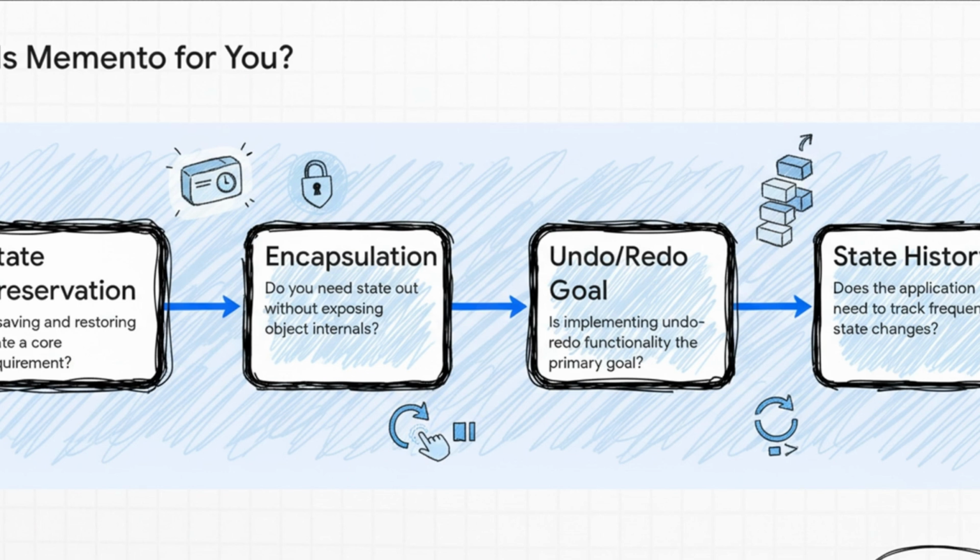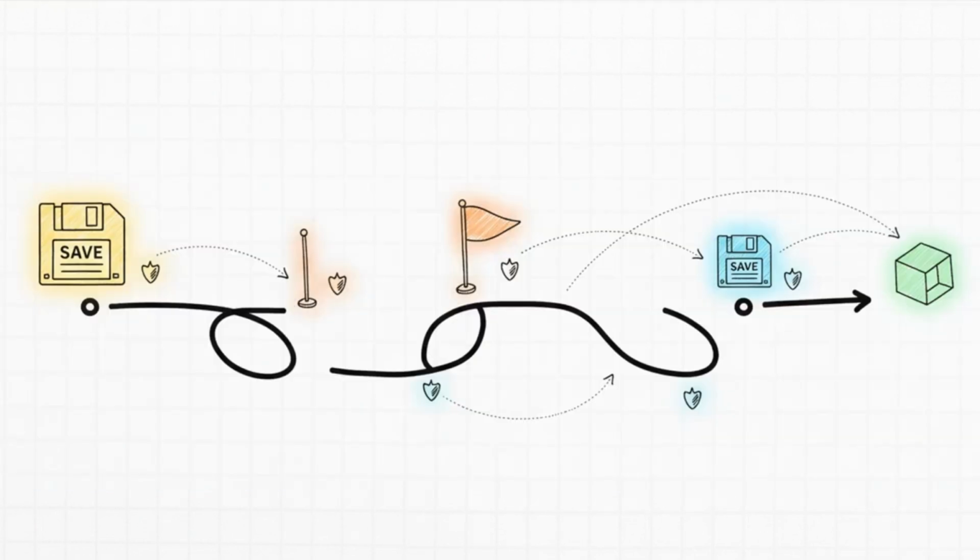Look, if you take away just one single thing from all this, let it be this. The memento pattern is your save game button for any object. It lets you create checkpoints of an object's state in a way that is clean, safe, and completely respects the boundaries of your code.